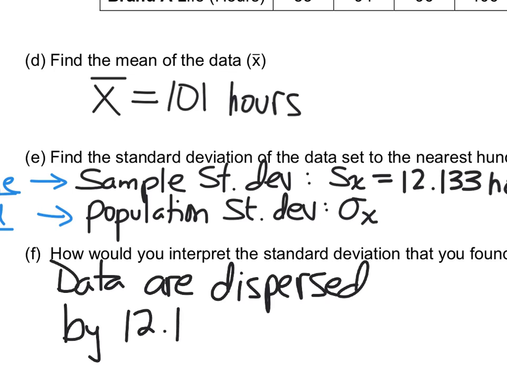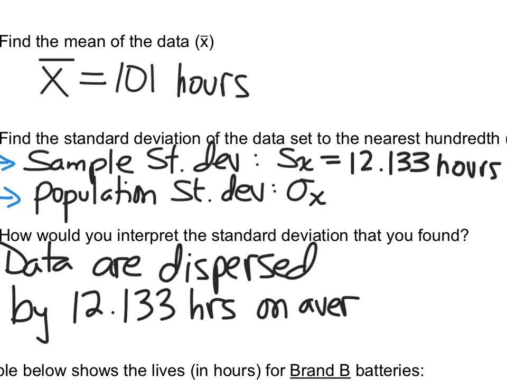The standard deviation is 12.133 hours on average. All right. It's a very oversimplified explanation, but that's what the Regents people are looking for. It's generally lots of oversimplification, but standard deviation is a comparative value, so we really talk about it in relation to other standard deviations.